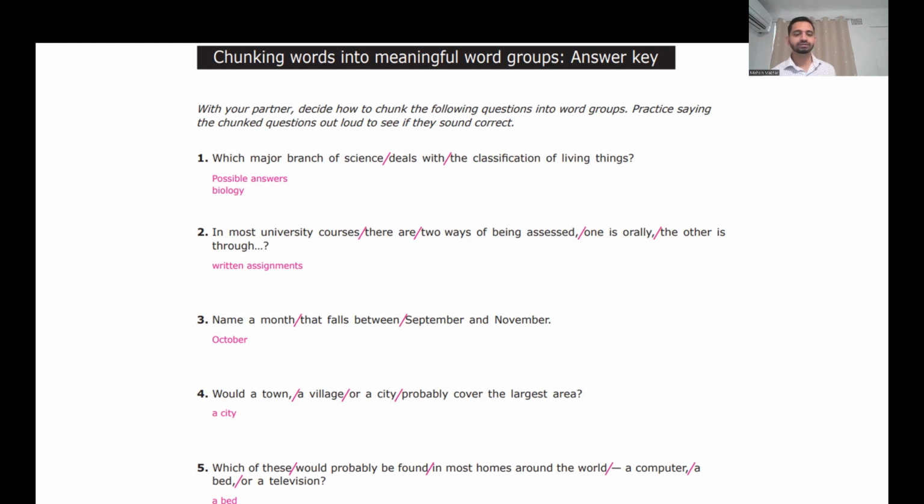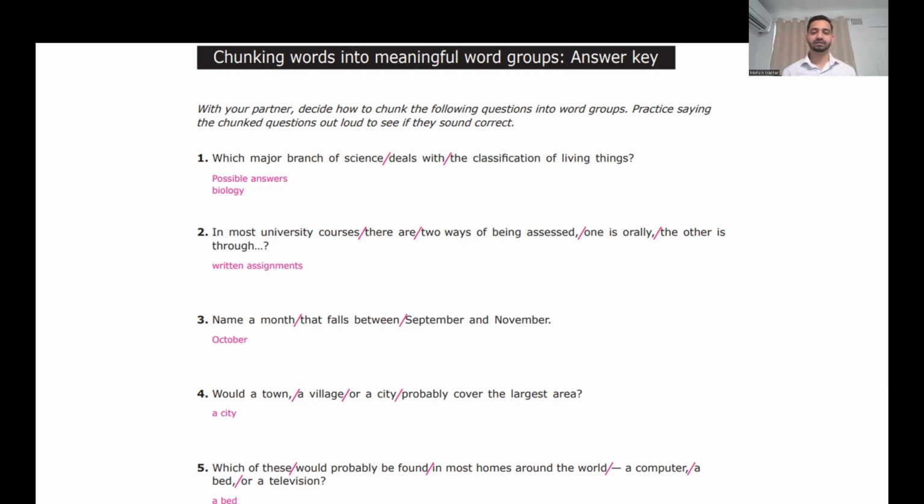Would a town, a village, or a city probably cover the largest area, right? So we've got options, town, village, a city. We're breaking them down because these are options, as we discussed, and probably cover the largest area. So this is a phrasal verb, probably cover the largest area. A city, obviously.